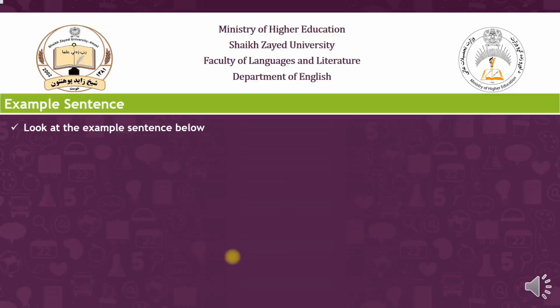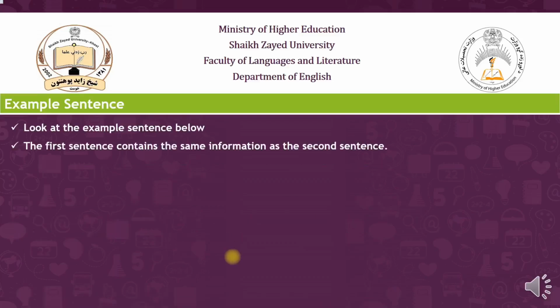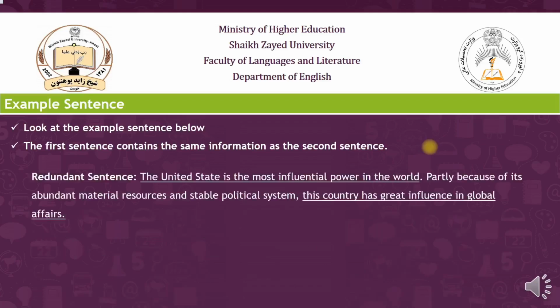Look at the example sentences below. Here we have two sentences. The first sentence has the same information as the second sentence, but you will see the difference here.